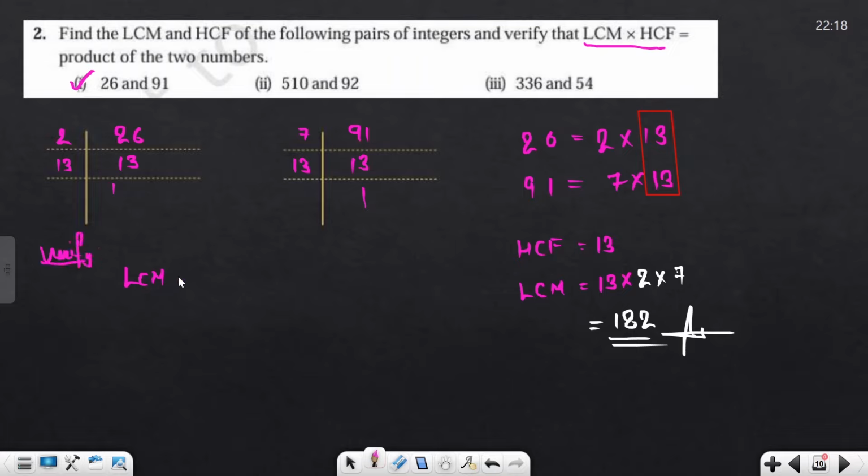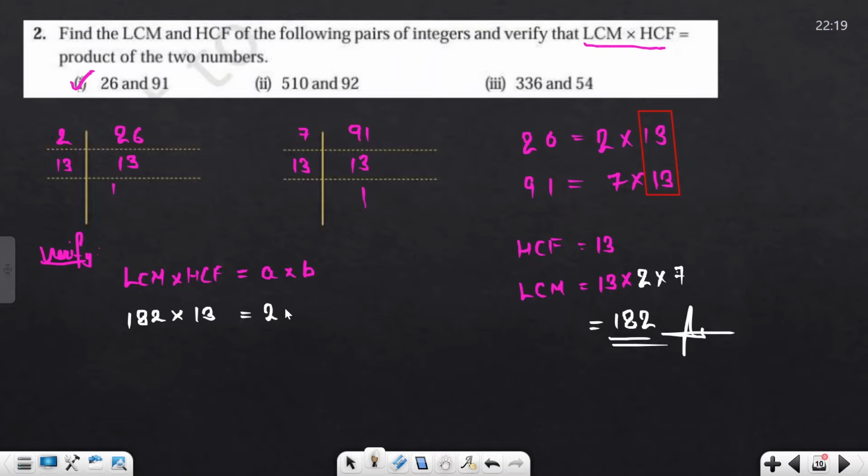Now we verify LCM into HCF equals the product of two numbers, let them be A and B. Now put the values: LCM value is 182 and HCF value is 13.